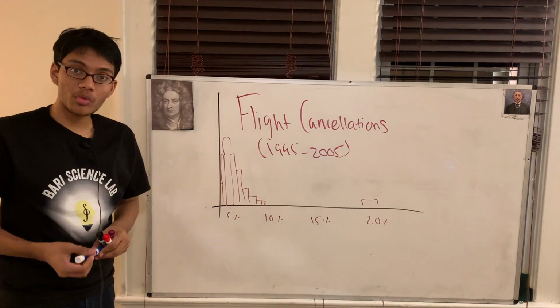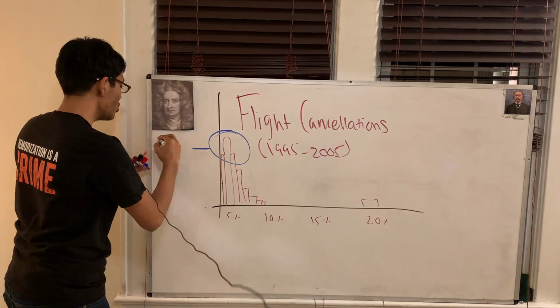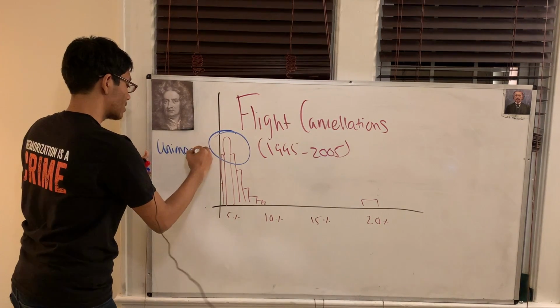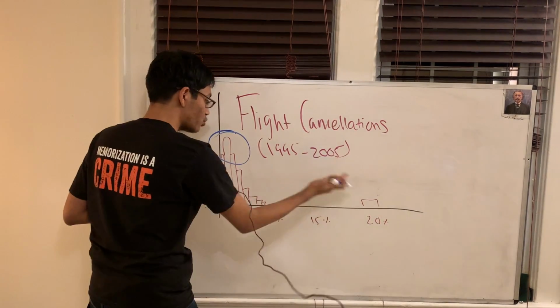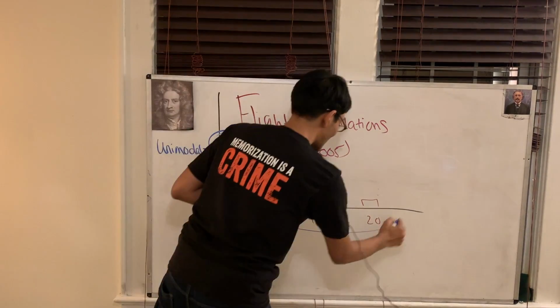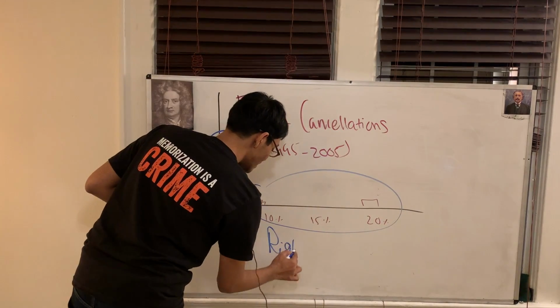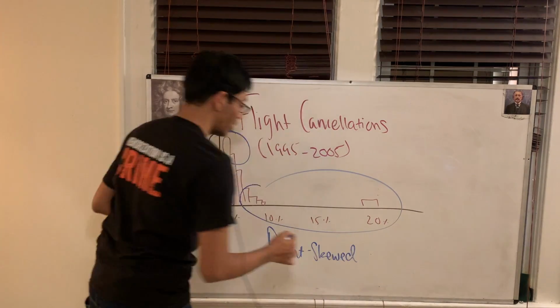First and foremost, what we see is this is a unimodal distribution. How do we know that? Well, there's only one peak, right? So it's unimodal. What else do we see? Well, number 2, we see that it's right skewed. Because the tail is over here, we can conclude that this is a right skewed distribution. It's asymmetric, it's not symmetrical.